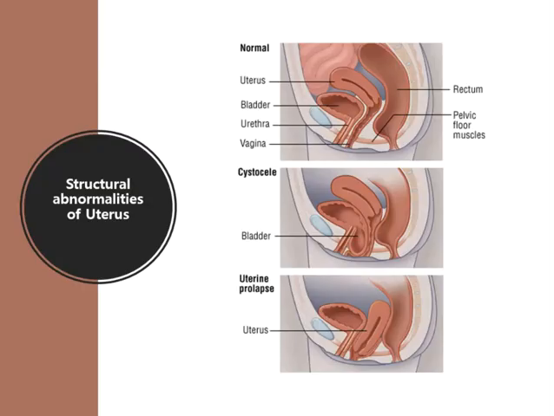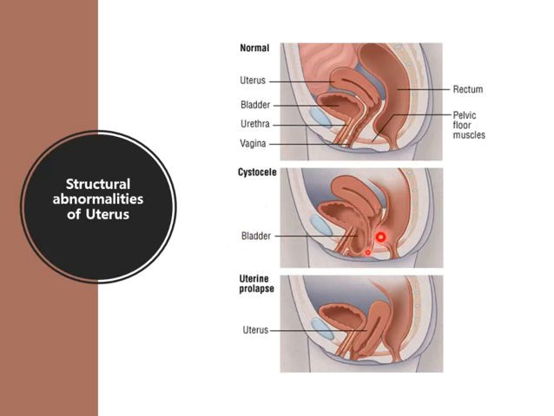What are the structural abnormalities? Remember, when we were discussing the normal anatomy, the uterus is anteverted. Okay, that is normal, like this, anteverted and resting on the bladder. Sometimes, sorry, this is the uterus, this is the bladder. Sometimes the uterus can be compressing on the bladder, and because of that the bladder will be coming out.